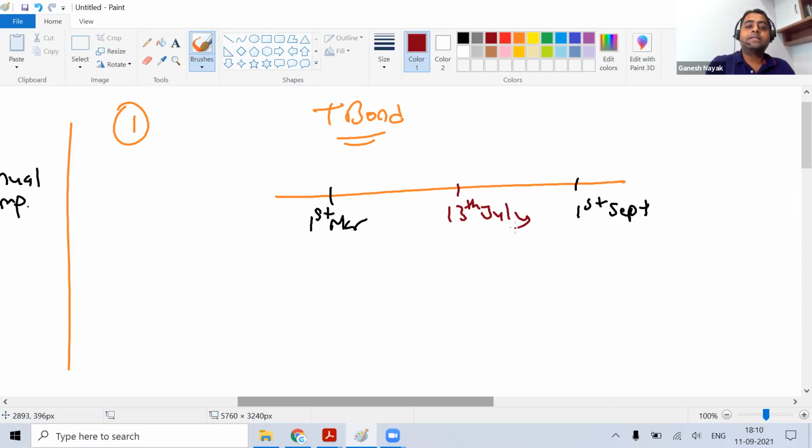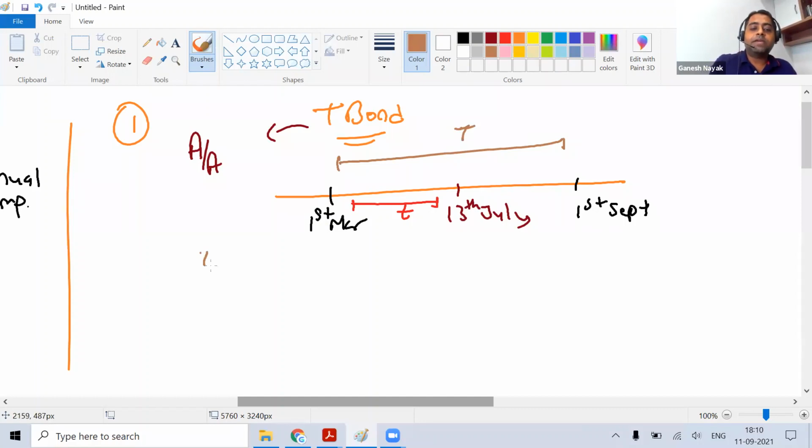Since this is a T bond, it's actual by actual. Now we will have to calculate the smaller T, which is going to be between this, and the bigger T, which is going to be between this.